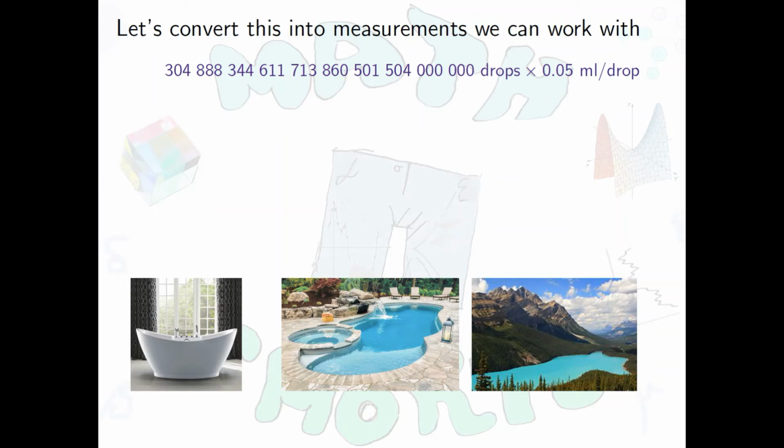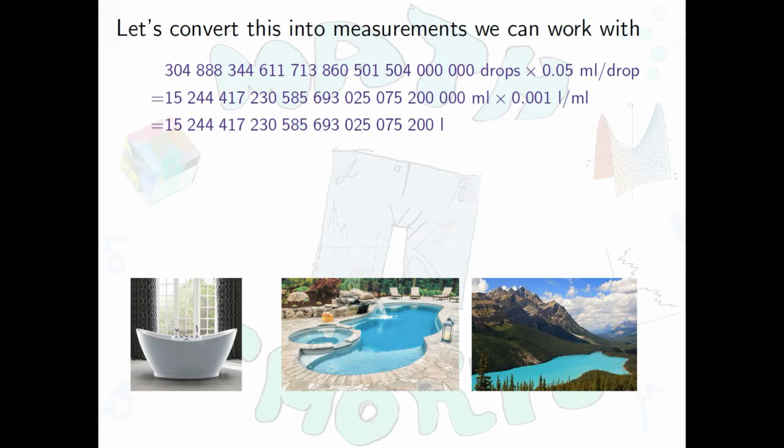So if I multiply by 0.05, my 304 octillion comes down to 15 octillion milliliters. Milliliters, again, is still pretty small. So let's convert that to liters. There's 1/1000th of a liter per milliliter. So that becomes 15 septillion liters, still a lot.